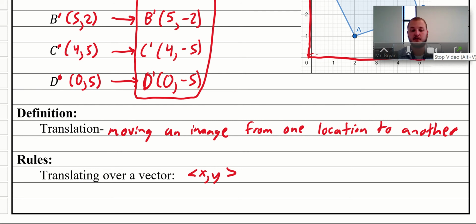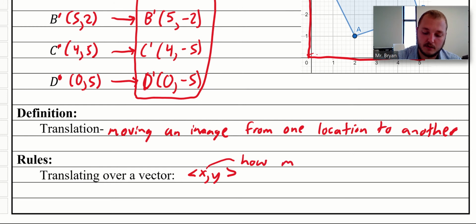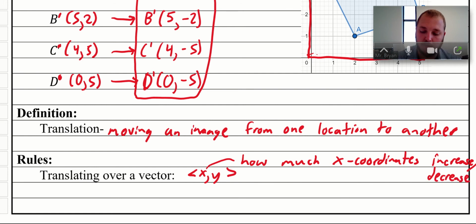Okay, and fairly straightforward. X is how much x coordinates increase slash decrease. I'll add this over here. Okay, slash decrease. Hopefully you guys have a little bit more room than I do. But x coordinates, or I'm sorry, x, whatever number is there, like for instance positive 5 means that you would increase the x coordinates 5.